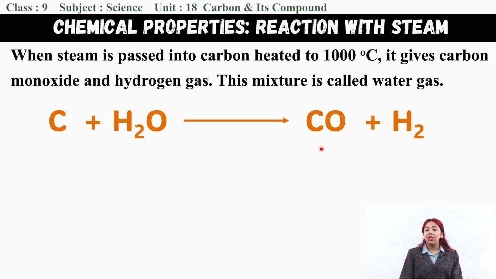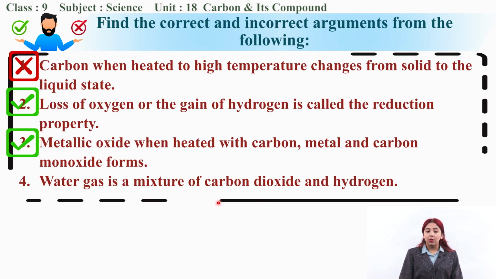It forms a mixture of 2 gases, that is carbon monoxide and hydrogen gas, and this mixture of carbon monoxide and hydrogen is known as water gas. But here the argument states carbon dioxide and hydrogen, which is incorrect because water gas is the mixture of carbon monoxide and hydrogen. So the last statement is incorrect.